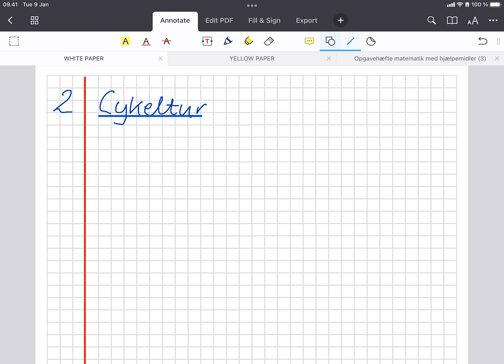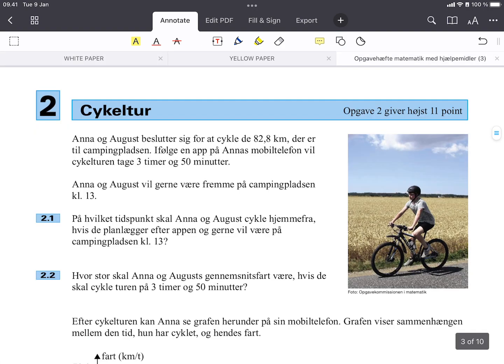So over to the question paper. And here's question 2. Anna and August have decided to cycle the 82.8 kilometers to the camping site. According to an app on Anna's mobile phone, the cycle trip will take 3 hours and 50 minutes.